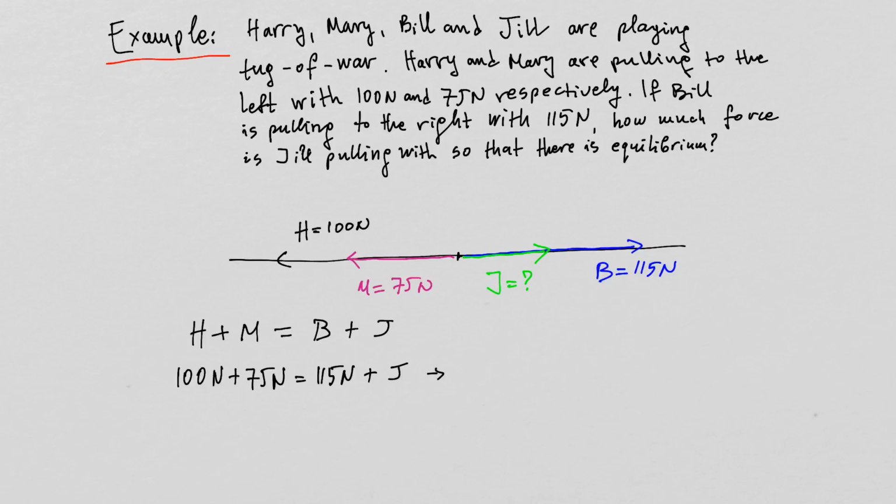So from here, moving the 115 newtons to the left side, I get that the force with which Jill is pulling on the rope is equal to 100 newtons plus 75 newtons minus 115 newtons, and this is equal to 60 newtons, and that is the answer.